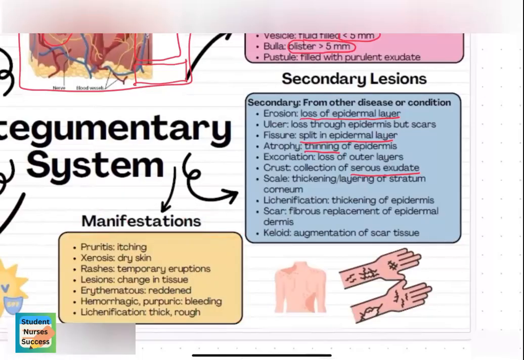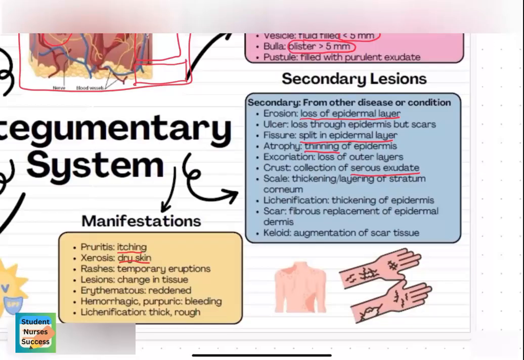Last, manifestations related to the skin. Often patients complain of pruritus, which is known as itching, xerosis, which is dry skin. They may have a rash or a temporary eruption, so like a discoloring of the skin. They could have a lesion or a change in the tissue, so the development of something.